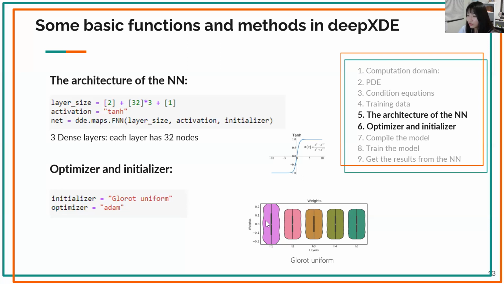It's just a uniform distribution within a limit, and the upper bound and the lower bound of the limit are related to my network architecture. The optimizer I choose here is also a very well-used optimizer called Adam.